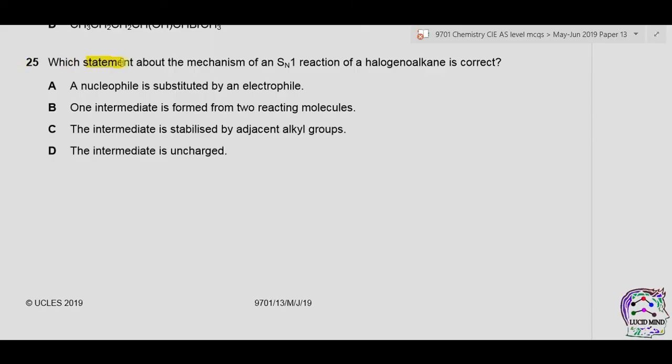Question 25. Which statement about the mechanism of an SN1 reaction of a halogenoalkane is correct? Now SN1 reaction is carried out by tertiary halogenoalkanes.